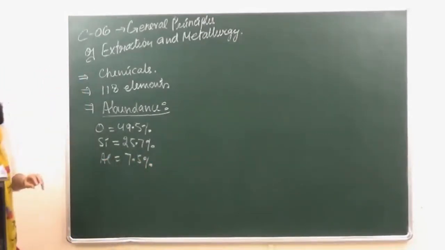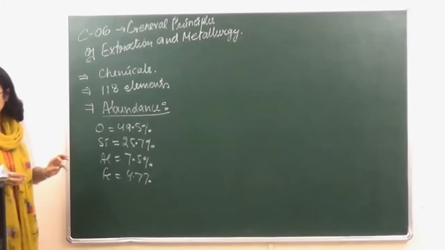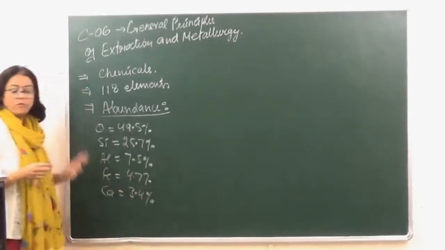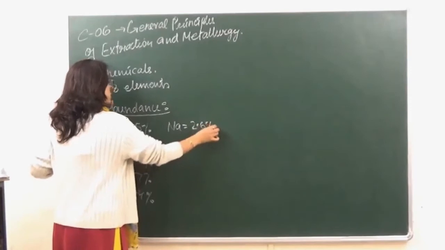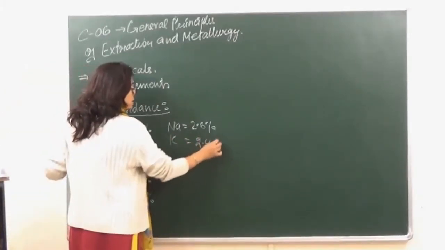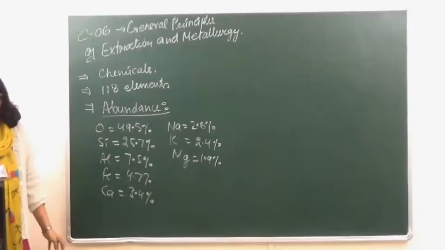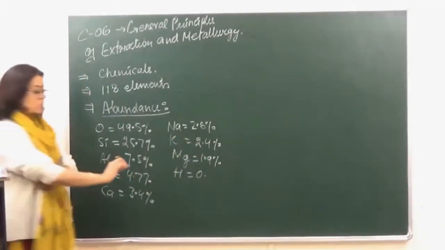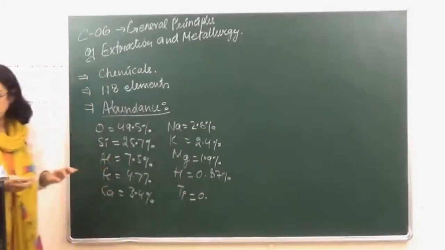which is 7.5%. फिर उसके बाद iron, which is 4.7%. फिर उसके बाद आयरन के बाद हमारे पास आता है कैल्शियम which is 3.4%. कैल्शियम के बाद हमारे पास आता है सोडियम. सोडियम is 2.6%. फिर उसके बाद पोटेशियम 2.4%. मैग्नीशियम 1.9% और फिर उसके बाद आता है हाइड्रोजन 0.87% and titanium which is 0.58%.